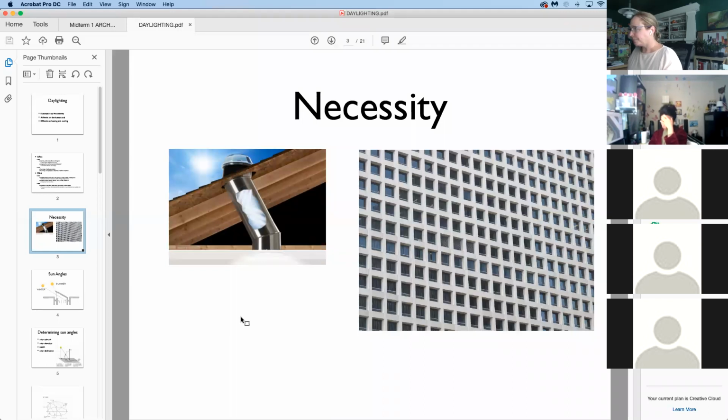On the right-hand side, we see a typical, I would say anywhere from 1960 to 1970 office building, just a pattern of windows, probably facing somewhere from east to west to the south, but a very monolithic approach.